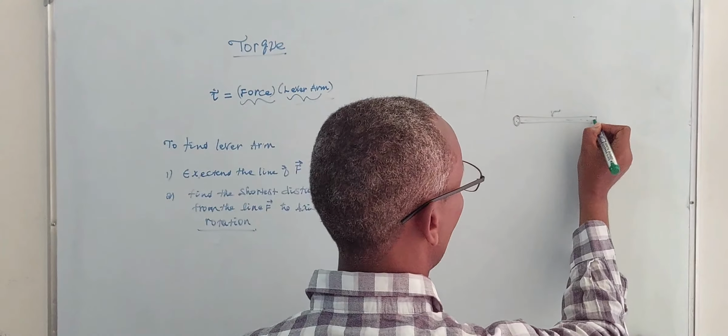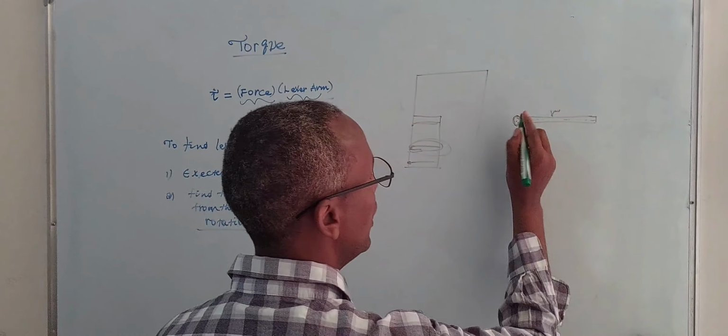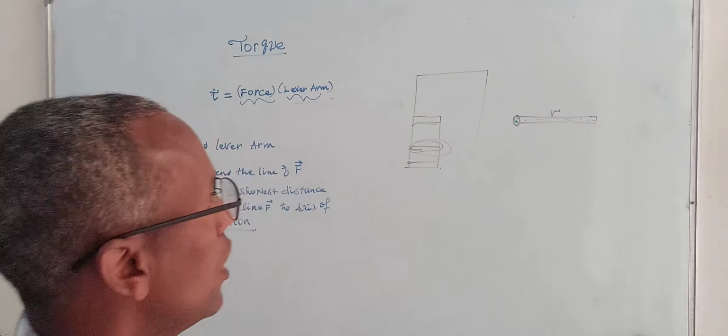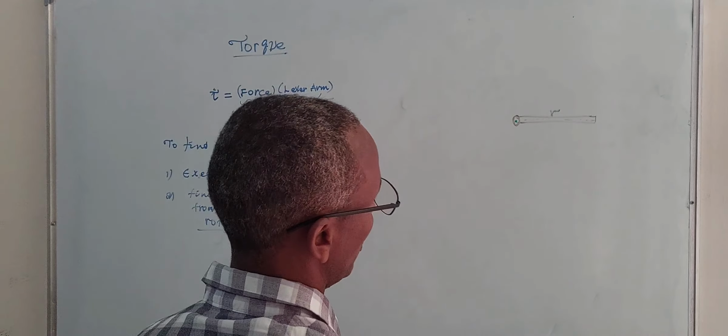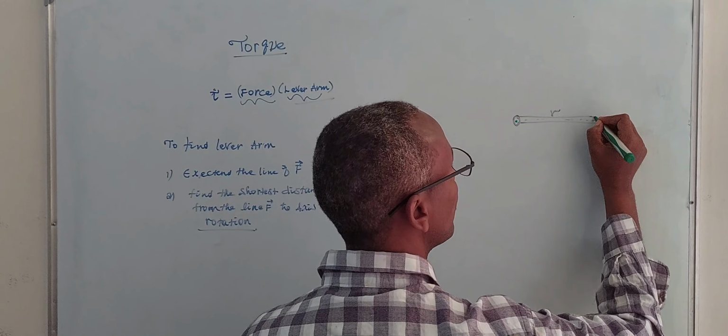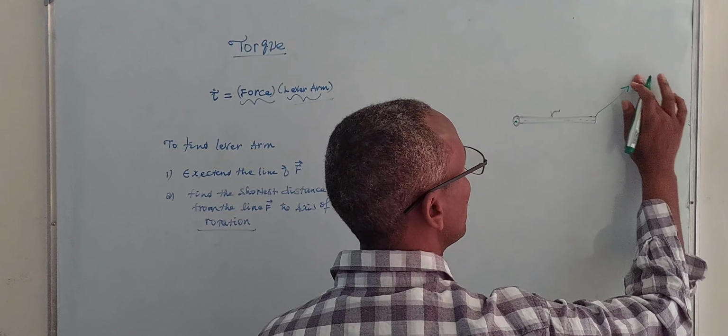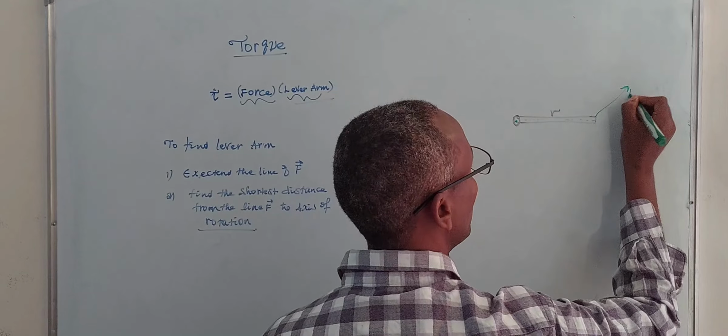There is a handle somewhere around here, right? And this is the axis of rotation. So let's say you apply a force somewhere around here, so let's say this is F.